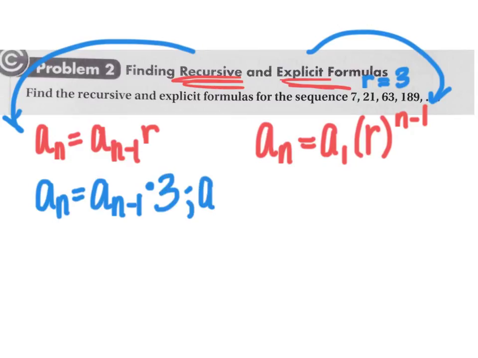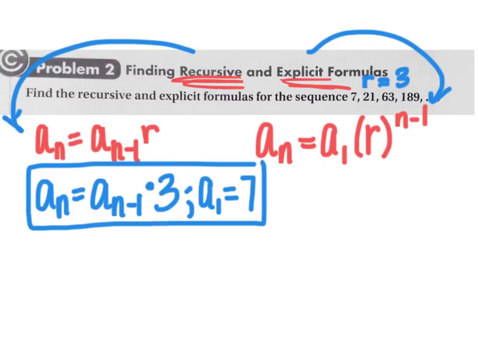And you're going to always say the first term whenever you're asked for the recursive formula, because you have to have a starting point. So that's one answer. And I'm going to call this recursive. And then for my explicit, we are going to plug in our first term, which is 7.